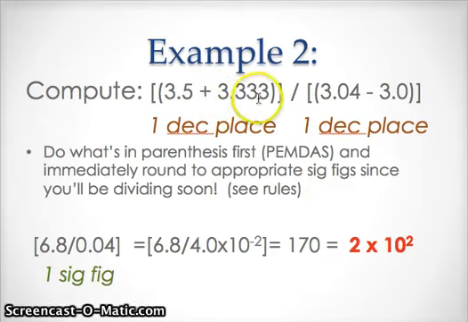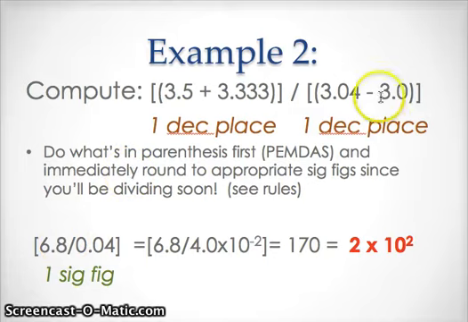You're adding first, and remember, when you add or subtract, you round to the least decimal, so this is 1 decimal place, divided by, again, what's in parentheses, so you're going to do this second, and again, 1 decimal place will be the smallest. So when you add these, you get 6.8, and again, it's rounded to one decimal place. So we round because we're going to later divide, which is a different operation.